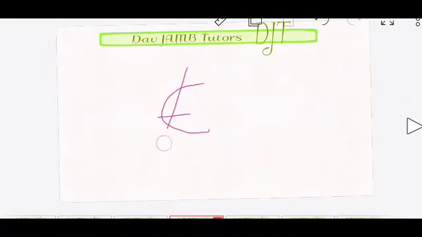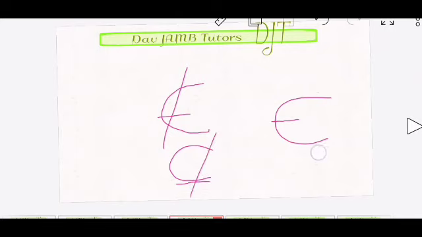Sorry, that's a mistake. This means that it is an element, and this means it is not a subset, this means it is a subset, but mostly they don't write the not-a-subset sign. But I just want you to understand that before we continue.